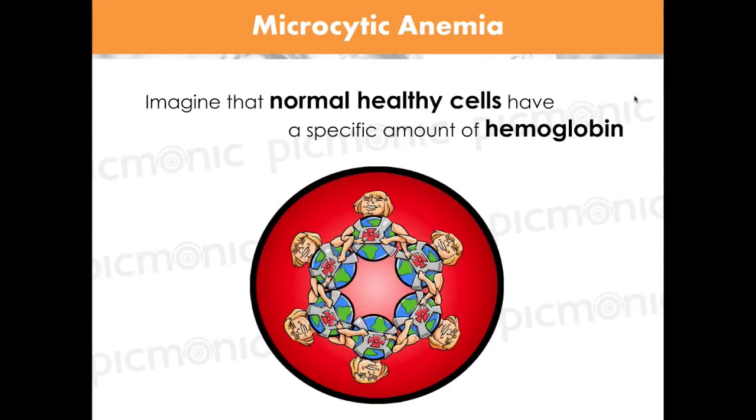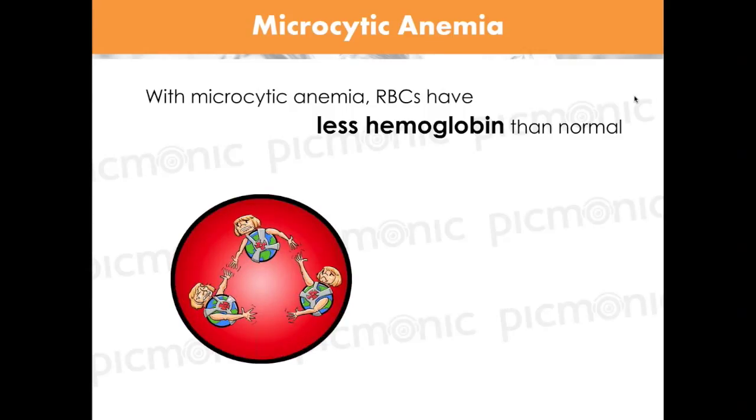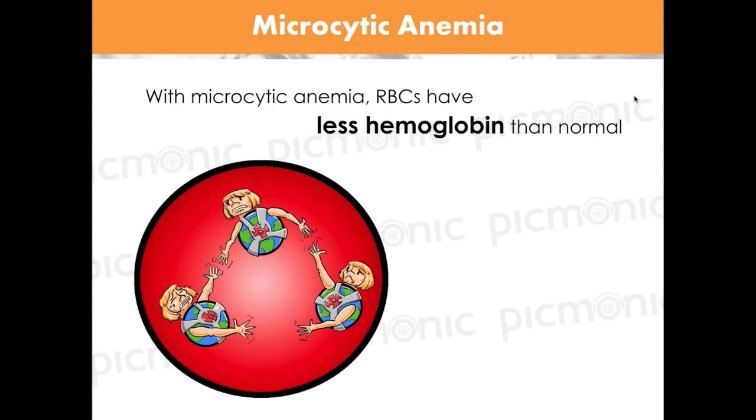So why so small? This is really cool. This is something I didn't learn in med school. I learned this in residency, okay? Normally, your cells have a specific amount of hemoglobin. The idea is that you have this even concentration of hemoglobin within a red blood cell. Now, with a microcytic, you have problems making heme and globin, so heme and globin isn't made enough.